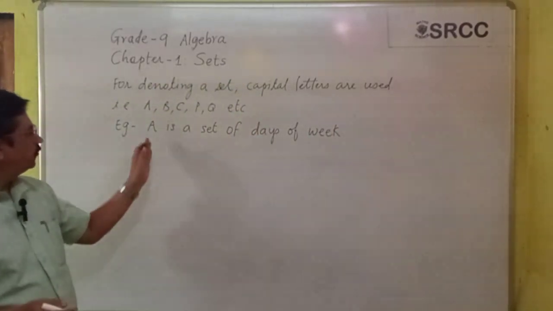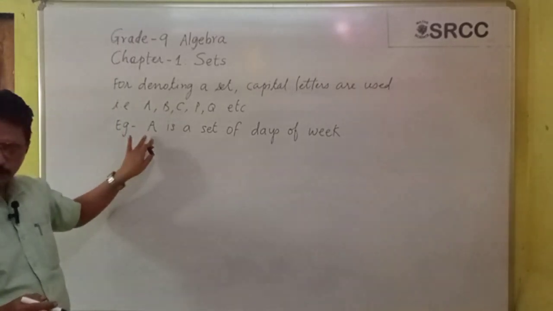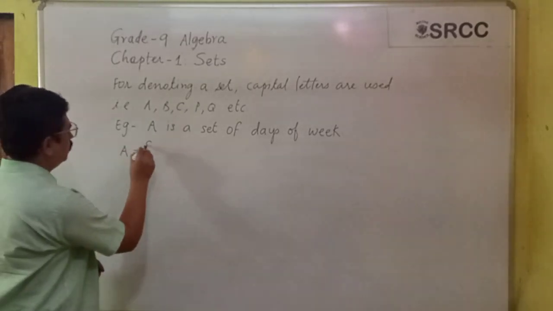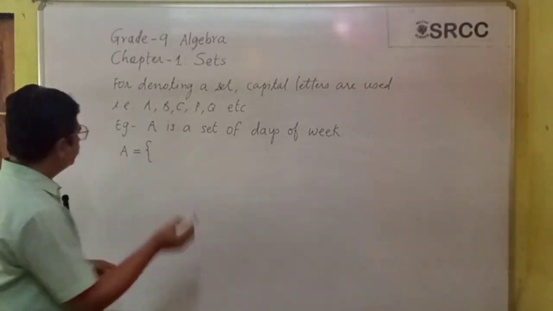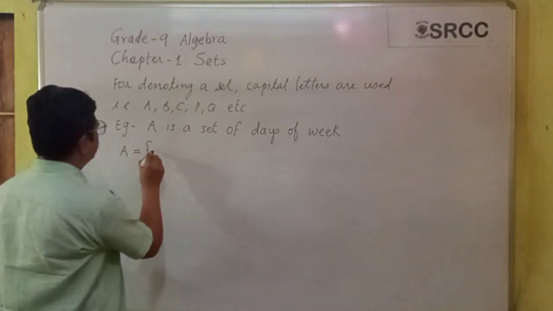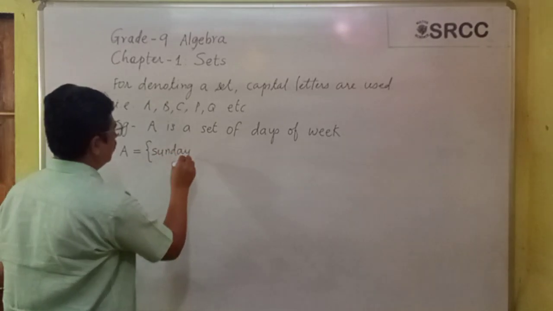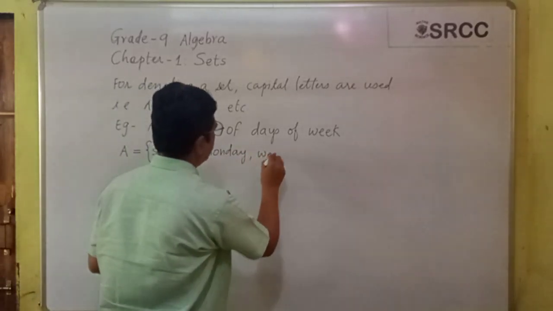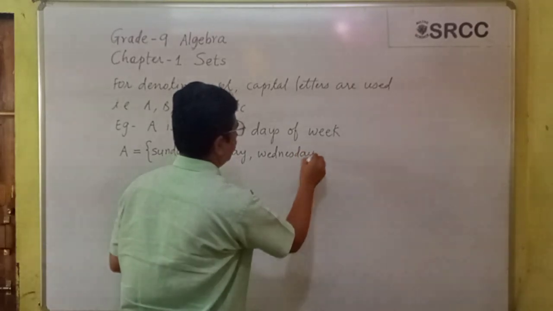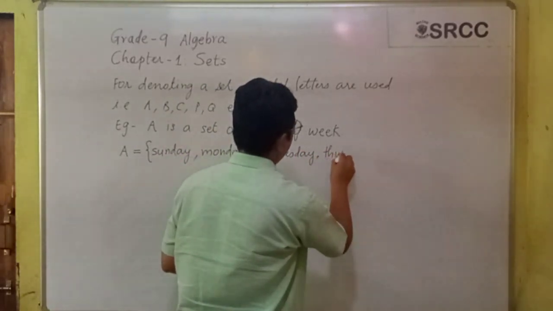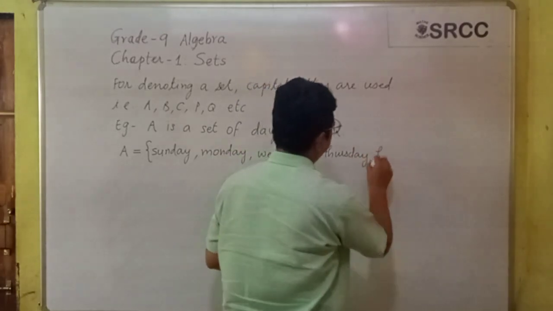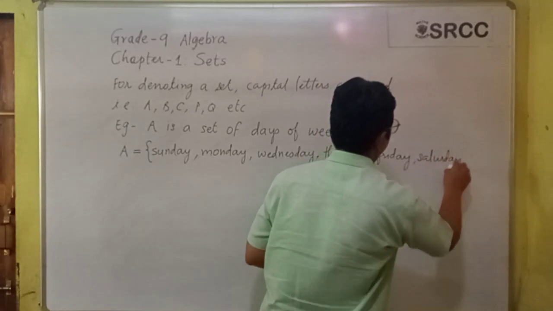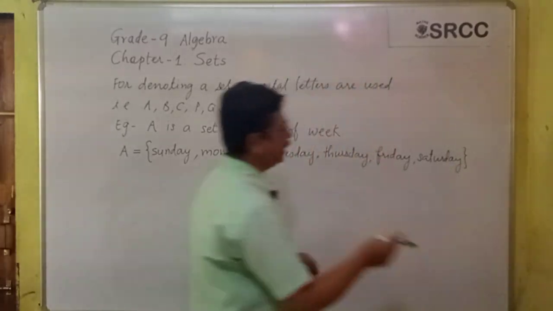We have to understand that for denoting the sets, a capital letter is used, and while writing, it is written as A equal to curly bracket, and you all know that the days of a week are Sunday, Monday, Wednesday, Thursday, Friday, Saturday, and we close the bracket.